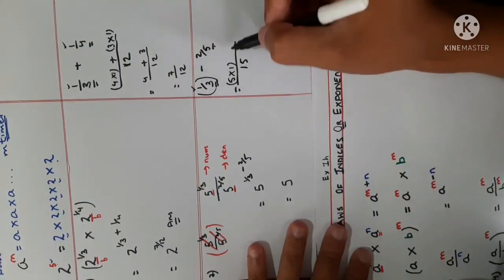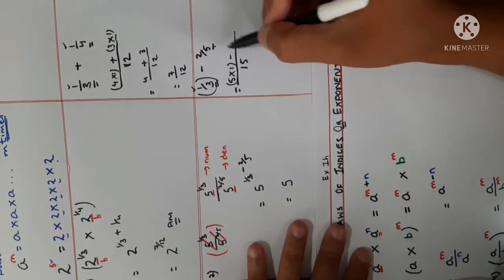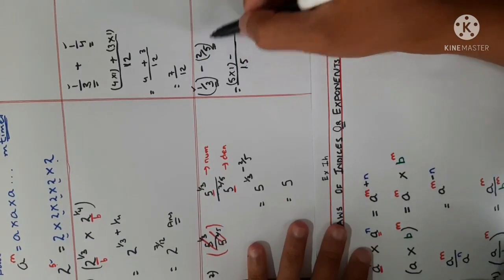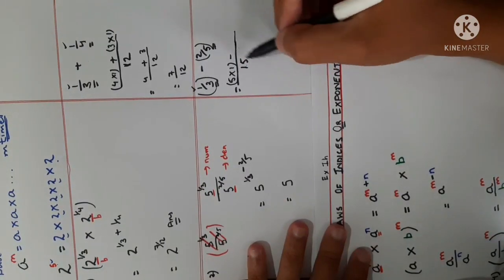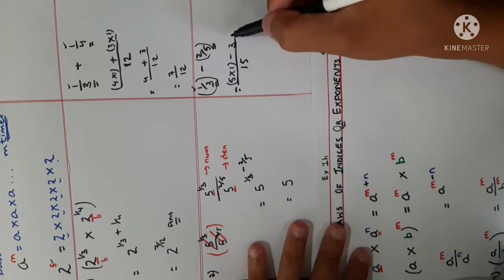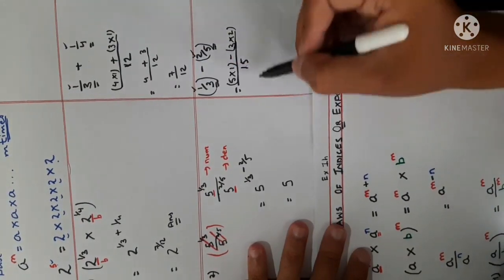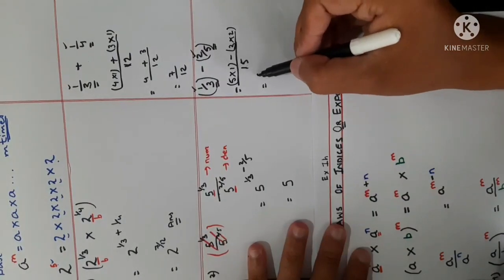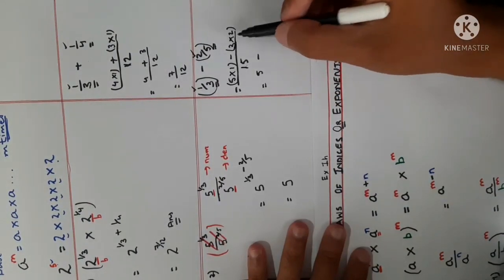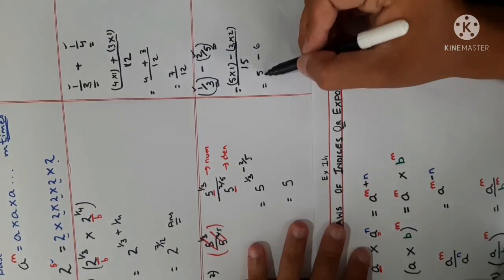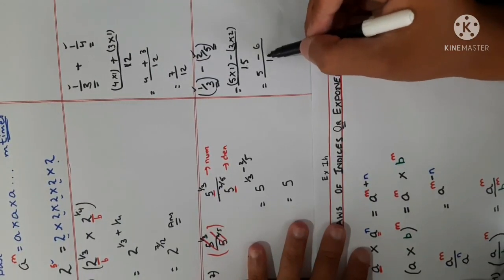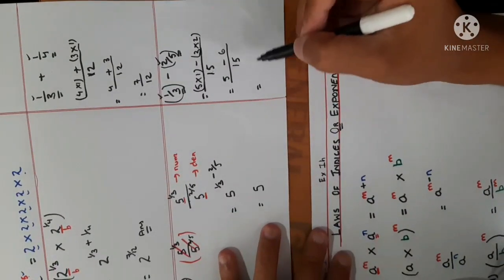So 5 multiply 1, minus, again for this fraction, 15 divided by 5 equals 3. This 3 we multiply with the numerator, which is 2. So 5 multiply 1 equals 5, minus 3 multiply 2 equals 6, over 15.